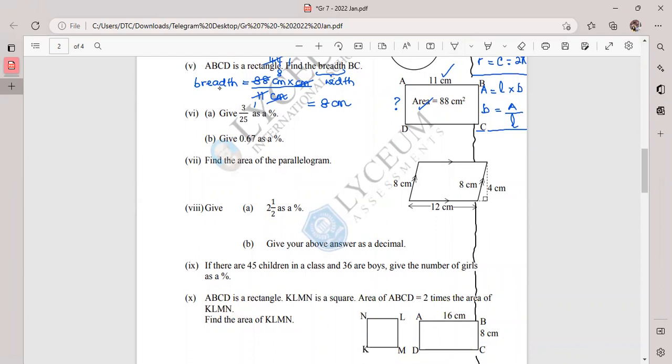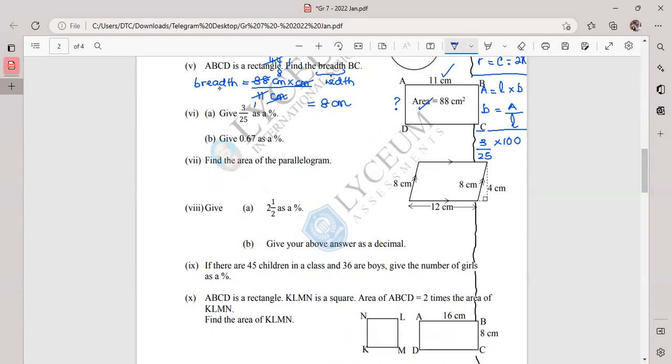Question number 6, you can see A, B, or both of them, from the percentage lesson. You want to convert 3/25 into a percentage. What we should do, we multiply it by 100, right? A fraction, you are converting it into a percentage.